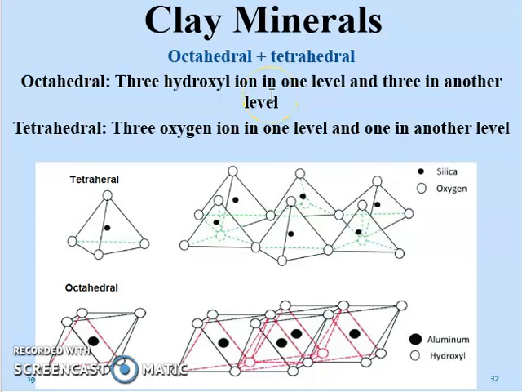The clay mineral is a secondary mineral that consists of two units. The first is octahedra and the second is tetrahedra.